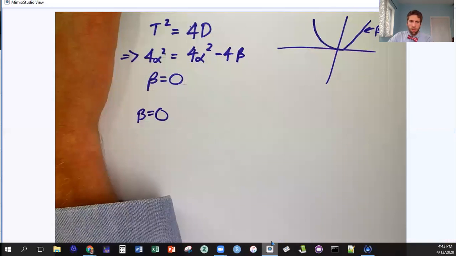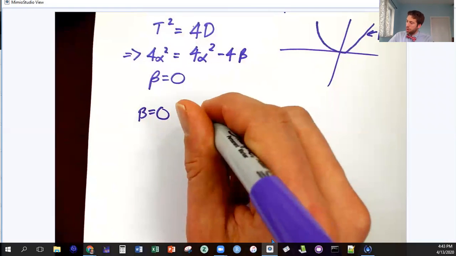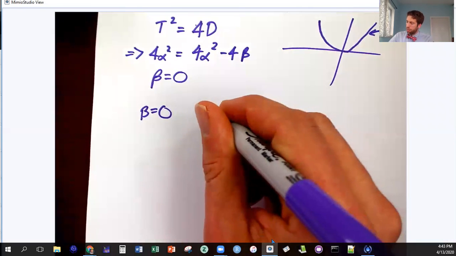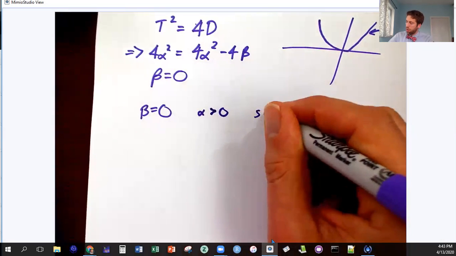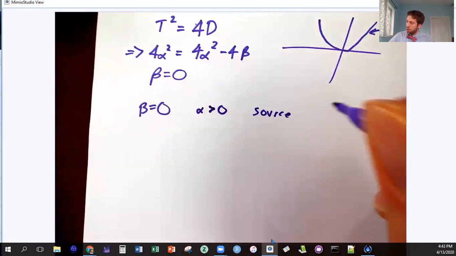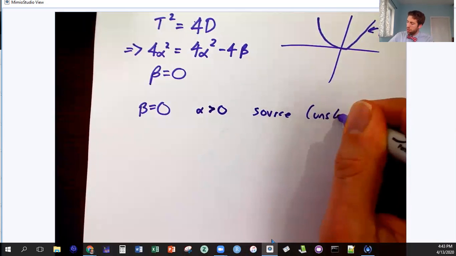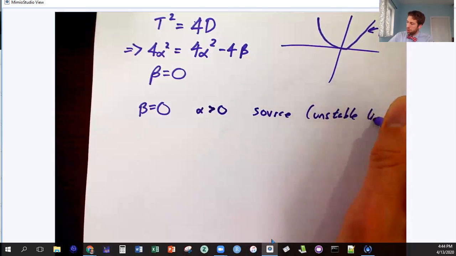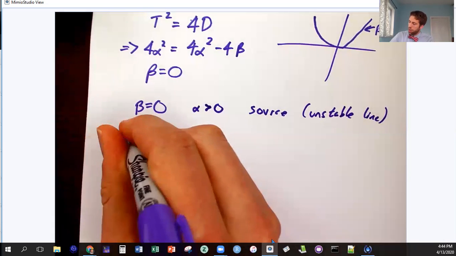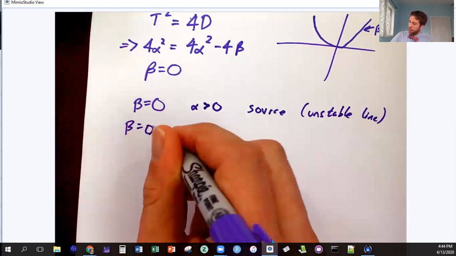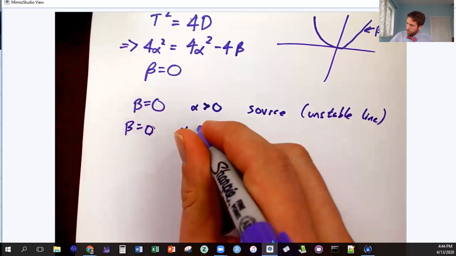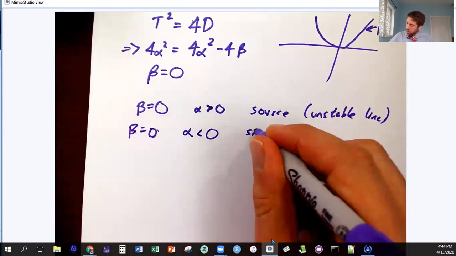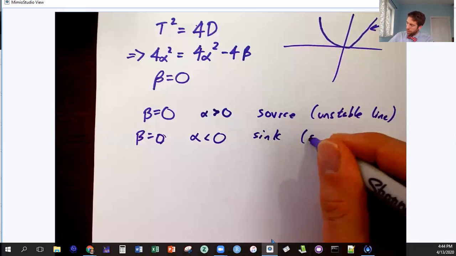Okay, so beta equals 0 and alpha greater than 0 means we have a source, unstable line. And beta equals 0 and alpha less than 0, we have a sink, a stable line.